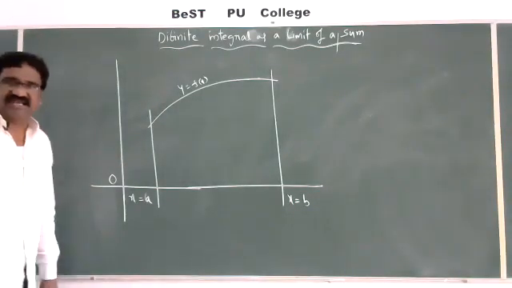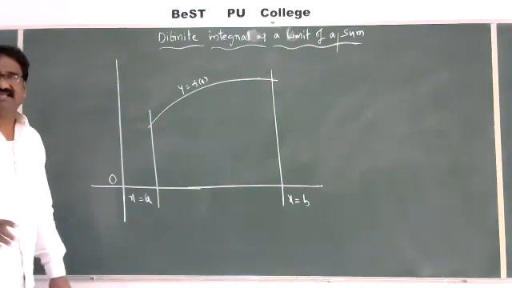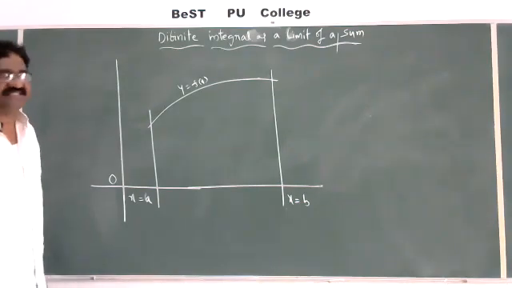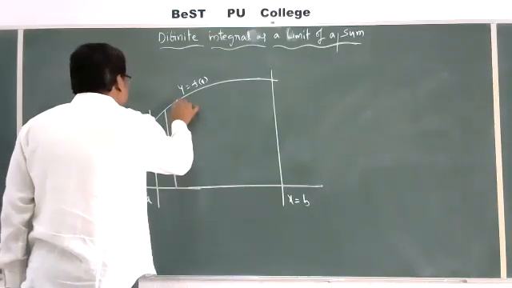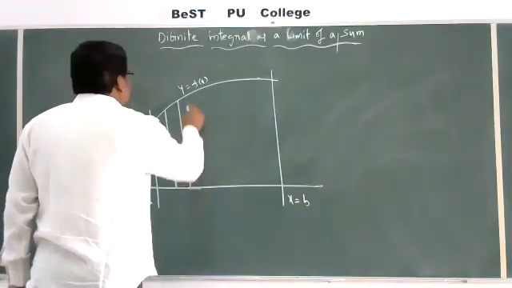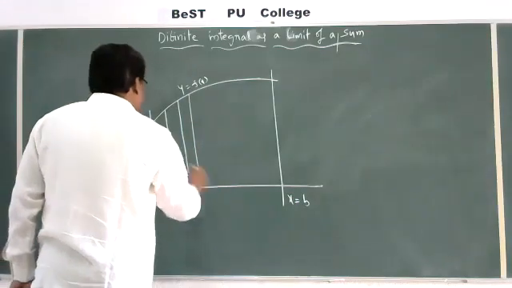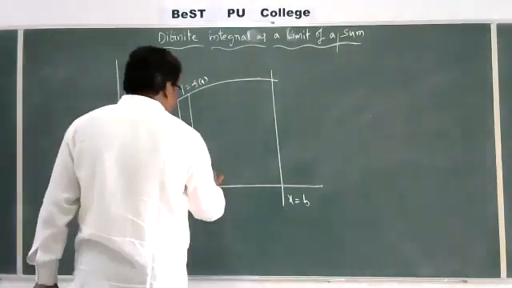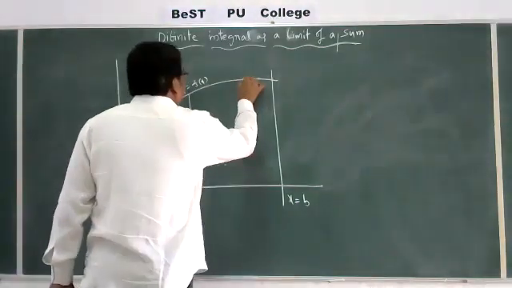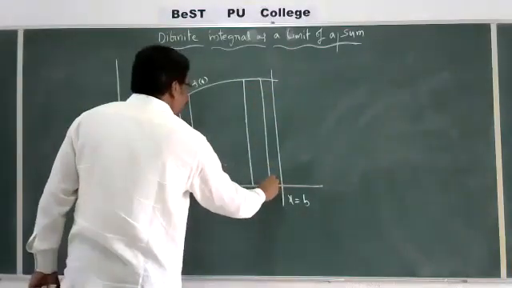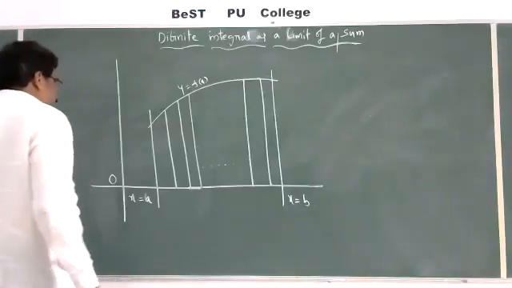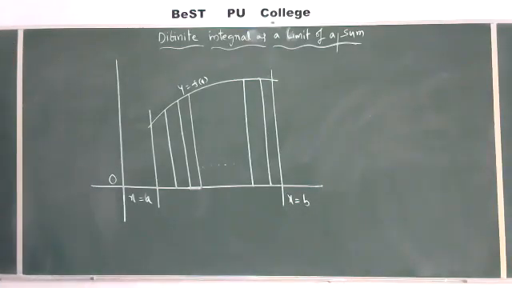In between this interval, you can separate n equal intervals, that is 1, 2, 3 equal intervals, and so on, like that.